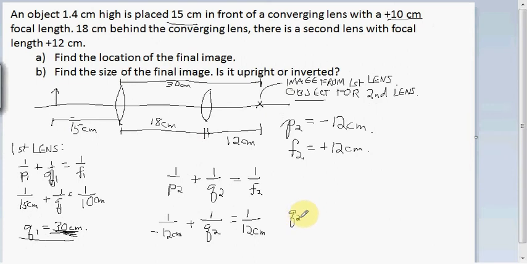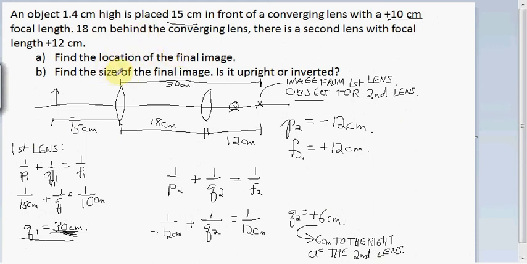And when I work this out, this gives me Q2 is equal to plus 6 centimeters, which means that my final image is 6 centimeters to the right of the second lens. In other words, it's right about here. So that's the location of the final image.